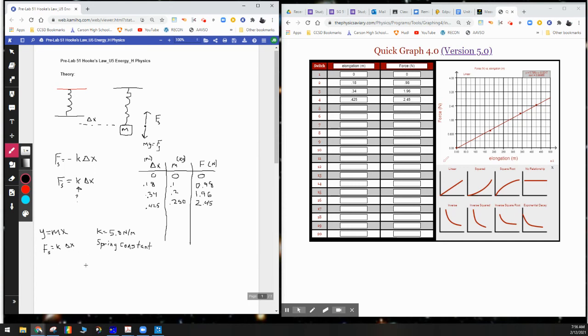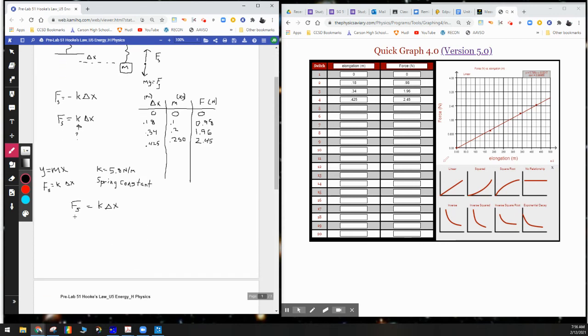All right, so let's take a look at this in more detail. Force of the spring equals K delta X. Let's look at this formula in its full expansion. To calculate this here, we just did simply mg equals K delta X, and delta X is the final X position minus the initial X position.